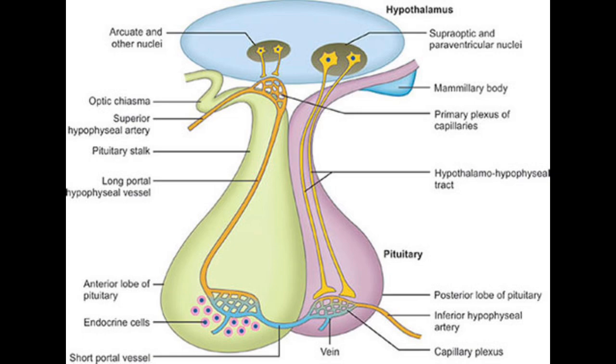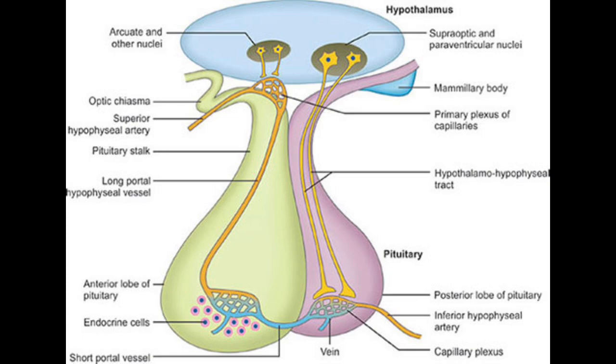The hypothalamus has various nuclei, which we'll talk about. Those nuclei are responsible for different functions, so they send their signals either through the blood vessels or through the tract. If they send through the tract, they use neurotransmitters. If they send to the blood vessels, they secrete what we call releasing hormones.